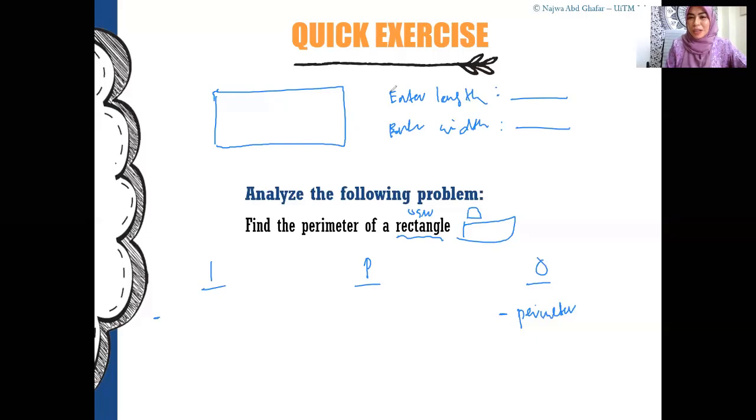So now you need to ask the user twice. Are these two enough? Enter length, enter width? Enough, because the opposite sides are the same, so there is no need to ask for every side.